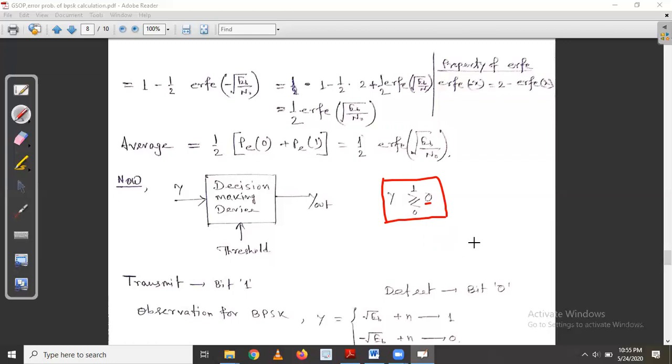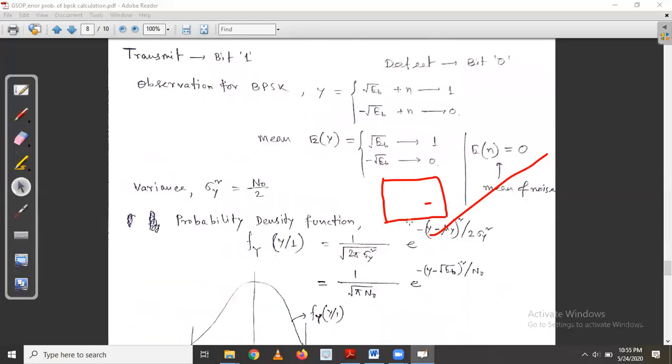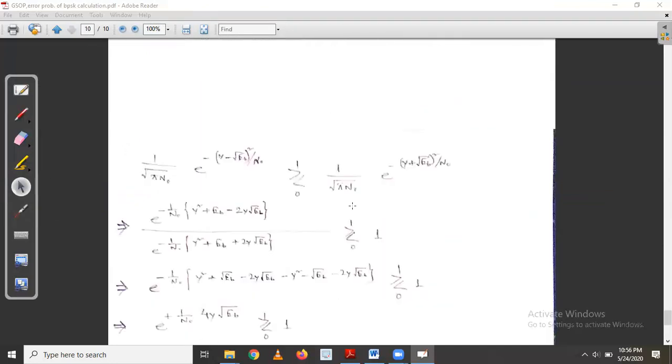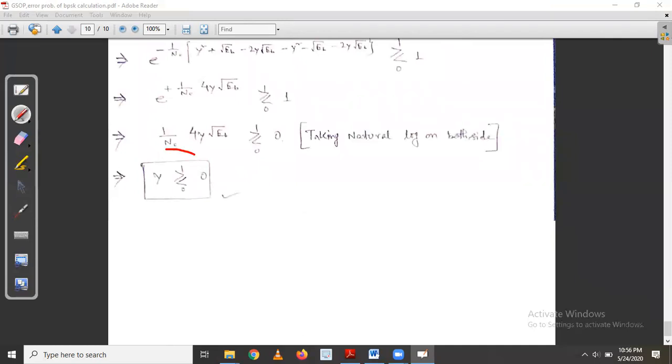Before that, that is one case that we are going to do. That means this expression we are going to prove. Find out in the next topic actually: find out threshold for BPSK. That means we are trying to get this expression, where 0 is a threshold.